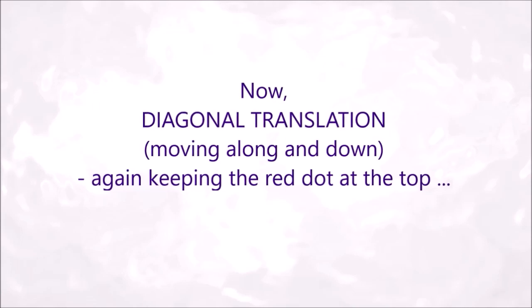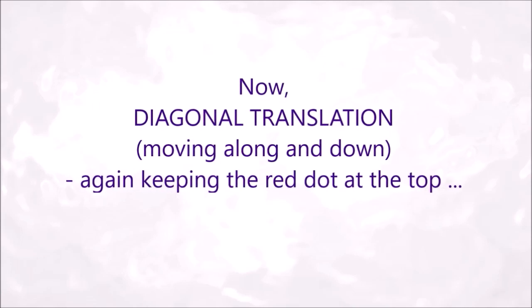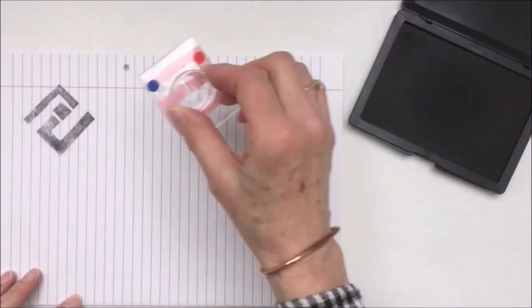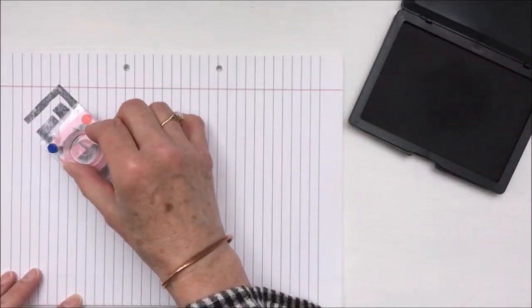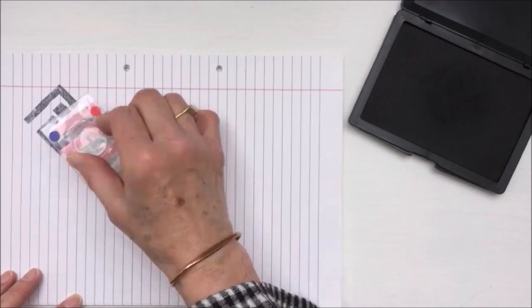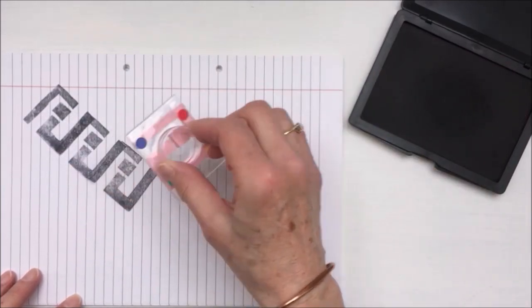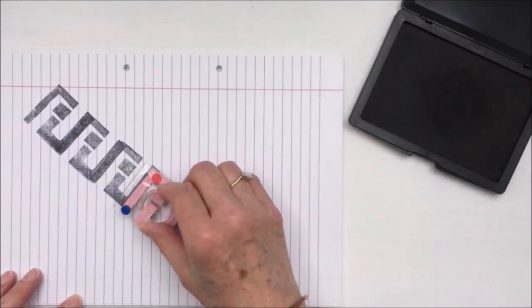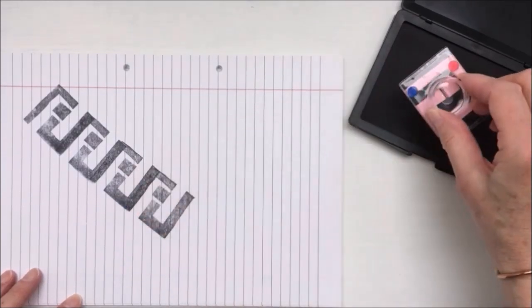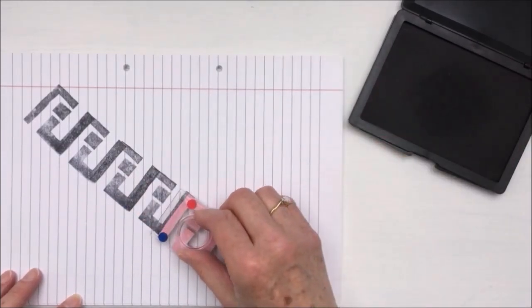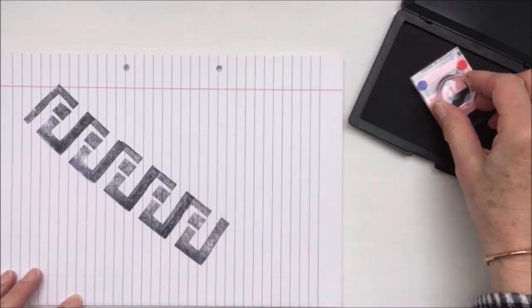Now diagonal translation, moving along and down, again keeping the red dot at the top. Here I'm overlapping the pattern to keep continuity.